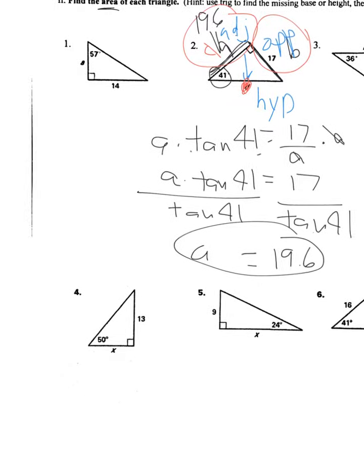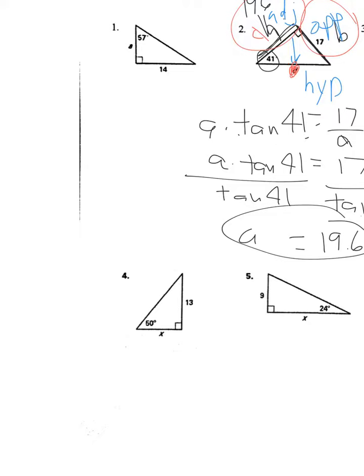We're going to have to plug that into the formula. So I'll move this over a little bit so we can have some room to write it. Area equals 1/2 times base times height. And that will equal 1/2 times 17 times 19.6. 166.6. That's fun.